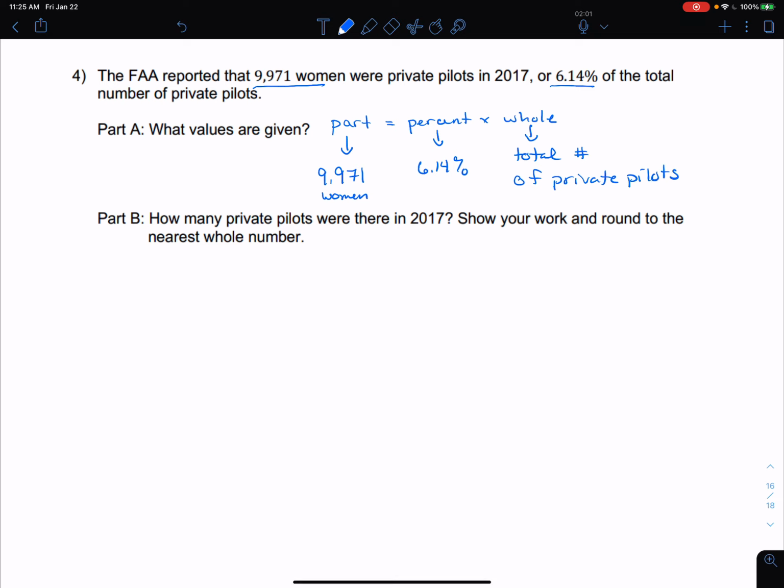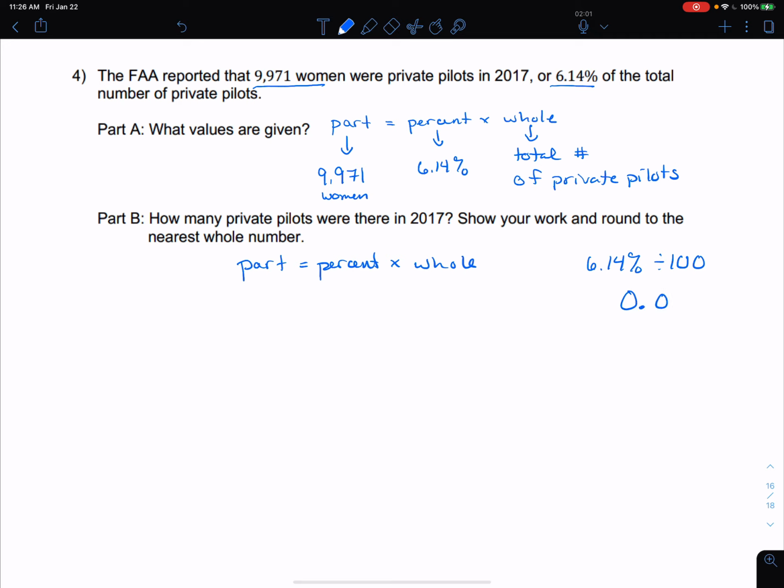If we look at part B, it says how many private pilots were there in 2017? Show your work and round to the nearest whole number. So we're going to use that part equals percent times whole or times the base. For that percent though, we have 6.14%, so we need to divide it by 100.